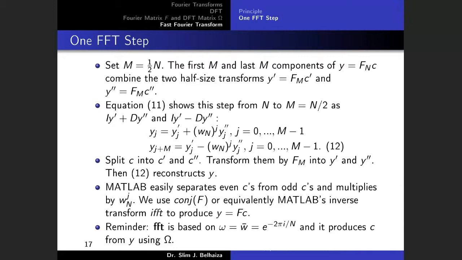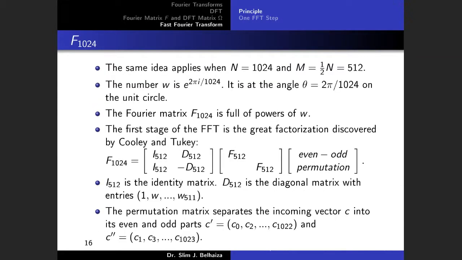And last time I showed you how we can work out the idea that when you have a large n, as described in this slide 16, you can split it in two and use the n over 2 to obtain the Fourier transform matrix of lower size, n over 2.